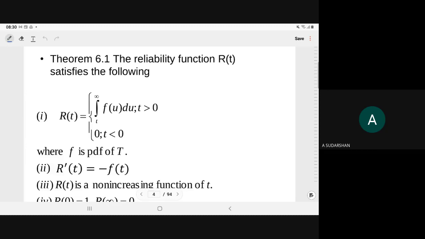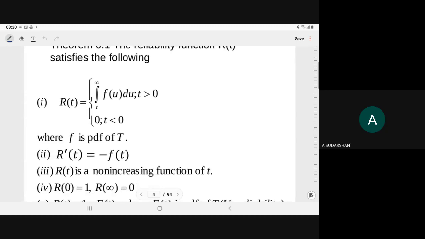The reliability function R(t) satisfies the following properties.